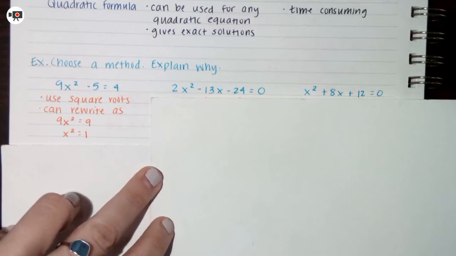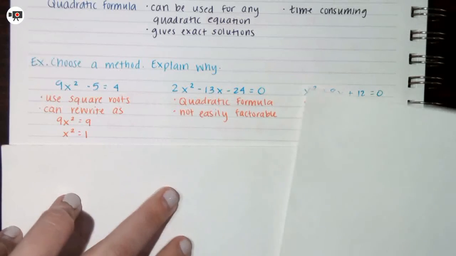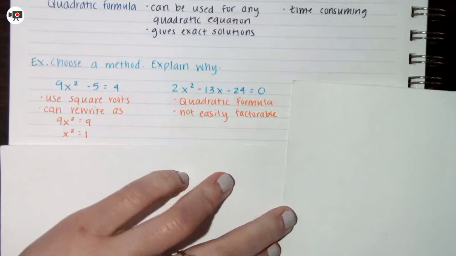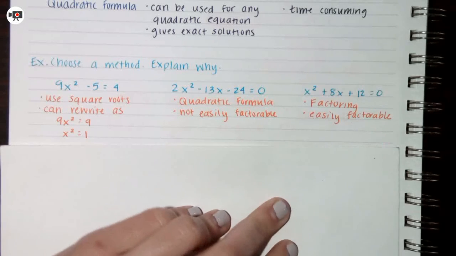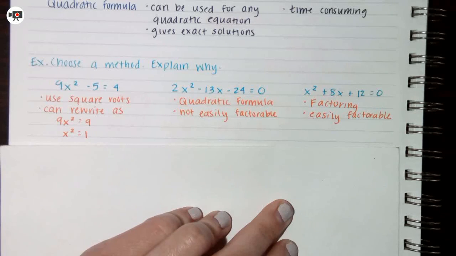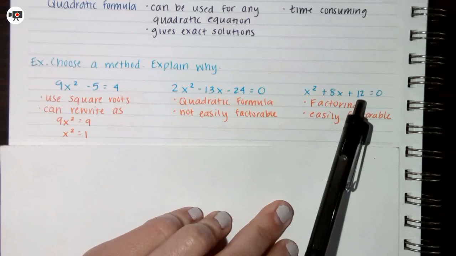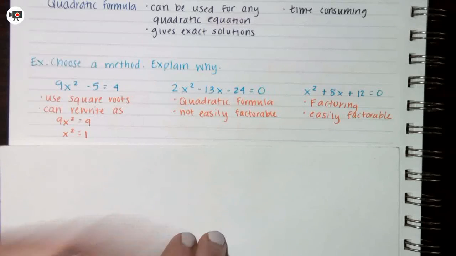If I have 2x squared minus 13x minus 24 equals 0, this is not easily factorable, so the quadratic formula is going to be the best way. And if I have x squared plus 8x plus 12, this is easily factorable, because 2 numbers that multiply to 12 but add to 8 are 6 and 2. So factoring is going to be the fastest and probably easiest way to go about solving that one.